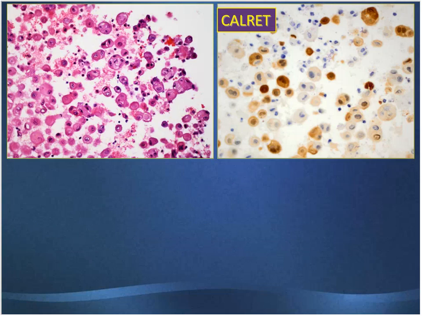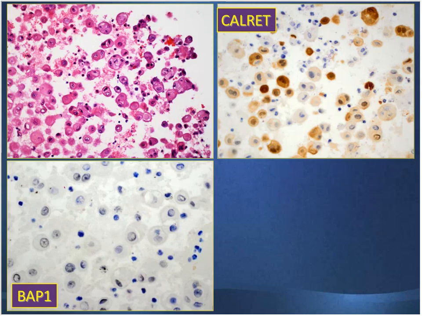In effusion cytology, from the cell block, you can see that those abnormal cells are showing nuclear and cytoplasmic reactivity for calretinin. And then when you use your BAP1, you can see the nuclear loss, which favors malignancy.